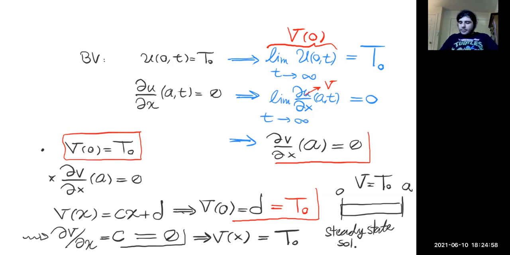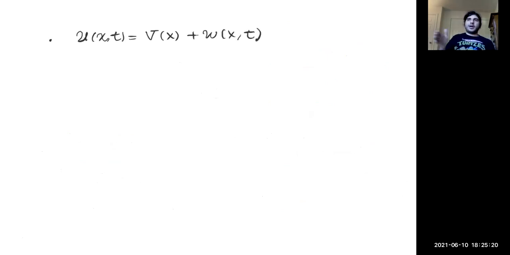Okay, so that was our first step, to find the steady state solution. What is the second step? The second step is writing u of x and t as v of x plus another function w of x and t, and then writing down the equations for w, right? We did that earlier. We do it again here for this problem, just as a review.